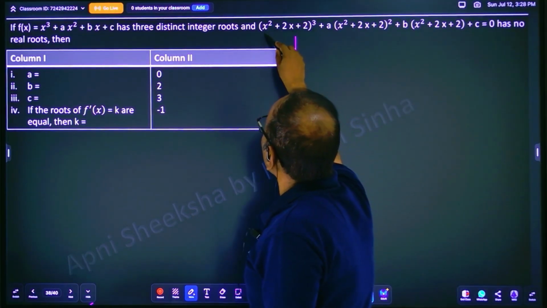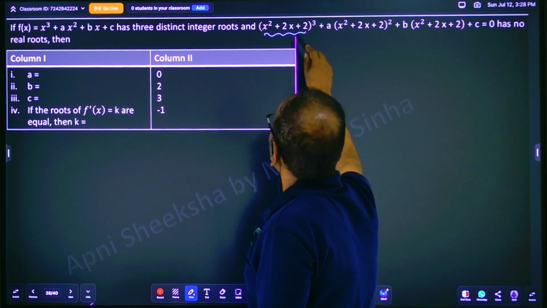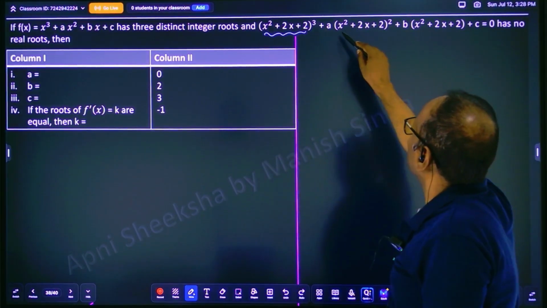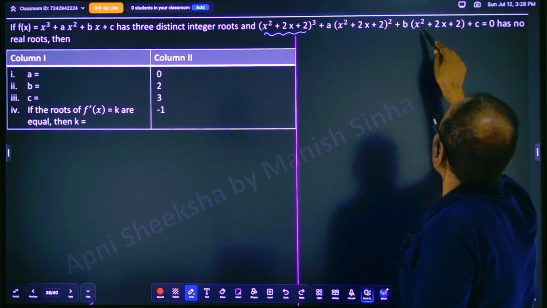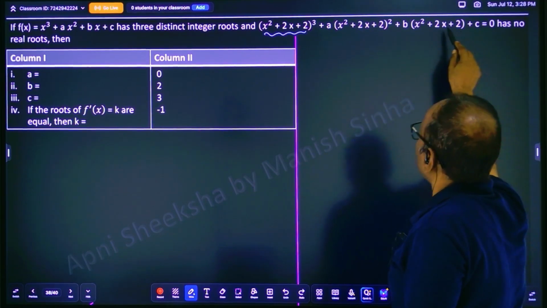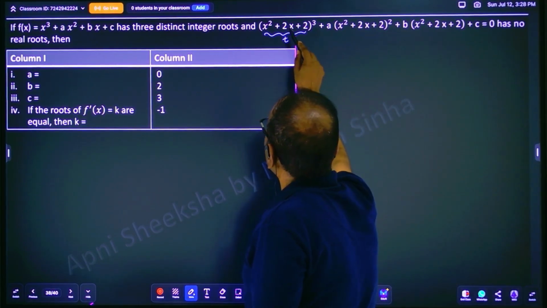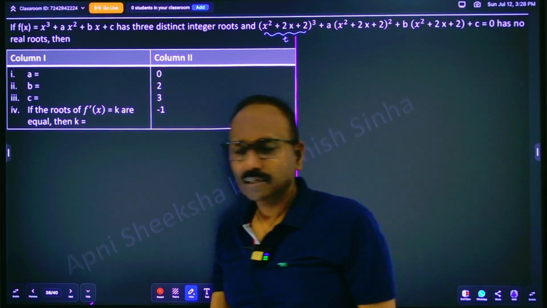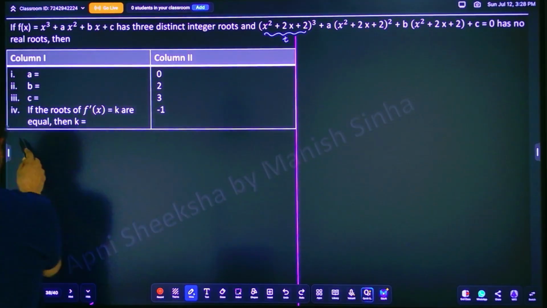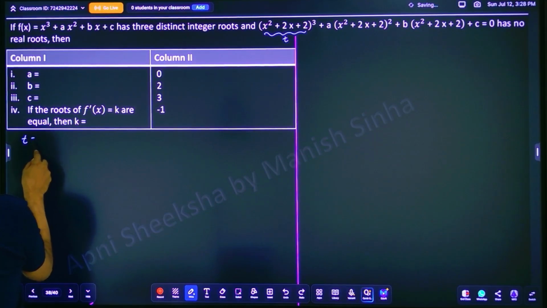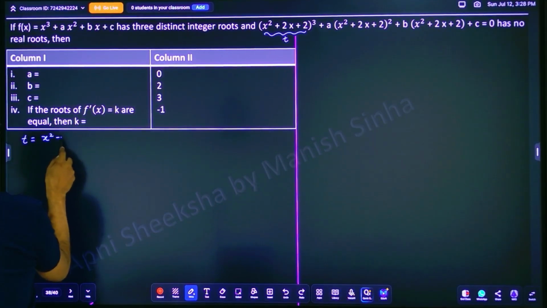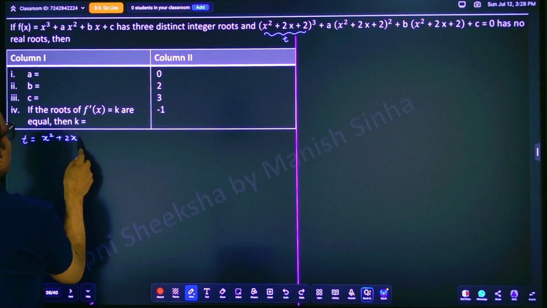If you take x square plus 2x plus 2, because it is common in every term, see here also x square plus 2x plus 2, here also x square plus 2x plus 2. So can we take this as t? So let us say t is equal to x square plus 2x plus 2.